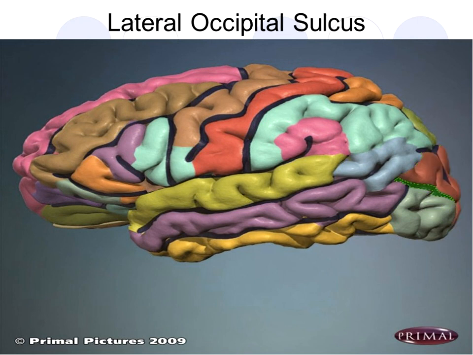If we look, there's a lateral occipital sulcus here that divides the superior from the inferior.